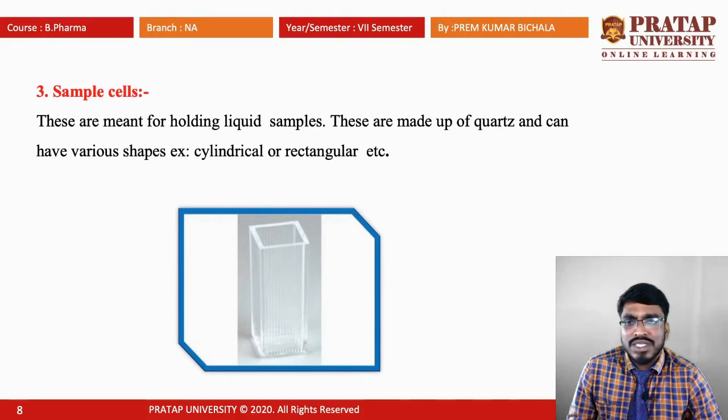These sample cells have two kinds of surfaces, one rough and one smooth. The rough surface is used to handle the sample cell by hand, whereas the smooth surface is used to transmit the light and allow it to pass through.